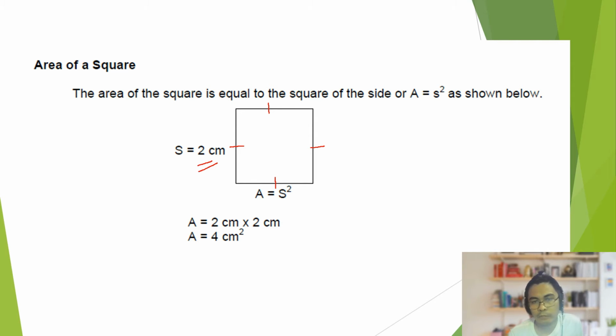So if this is, let's say, 2, this side is also 2. If this is 4, this side is also 4. Because that's the characteristic of a square. So just multiply the two sides. Since we're dealing with area, 2 times 2, the result is 4. Both have centimeter unit, so the answer is 4 square centimeter.